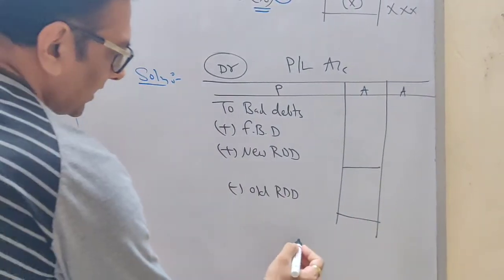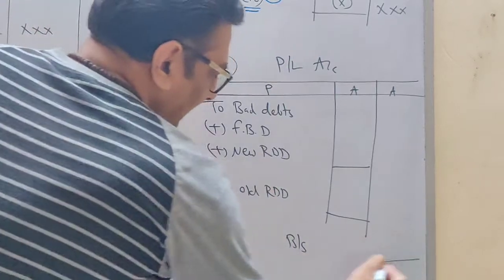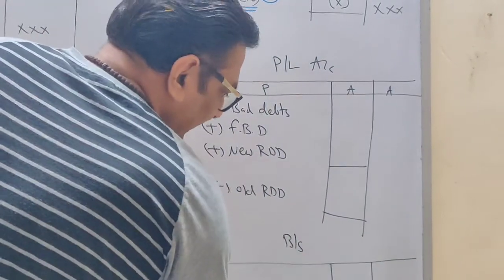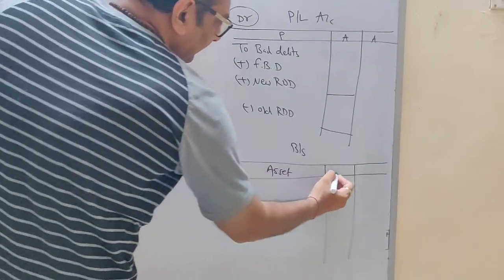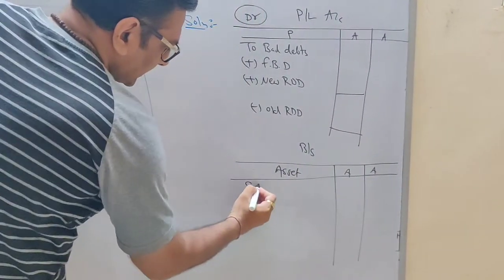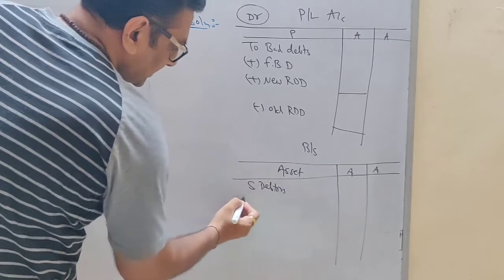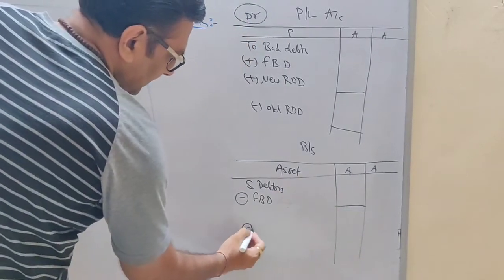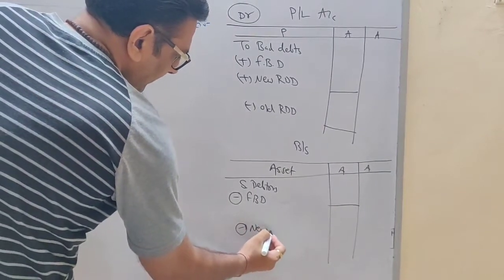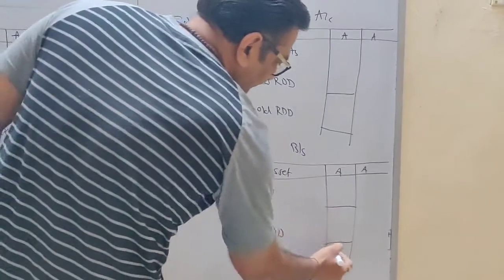Then you will make a balance sheet. Again you will make the balance sheet one-sided. This is your asset side. Sundry debtors minus further bad debts minus new RDD.